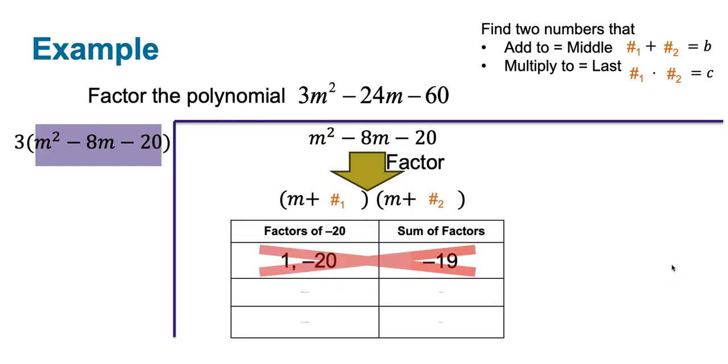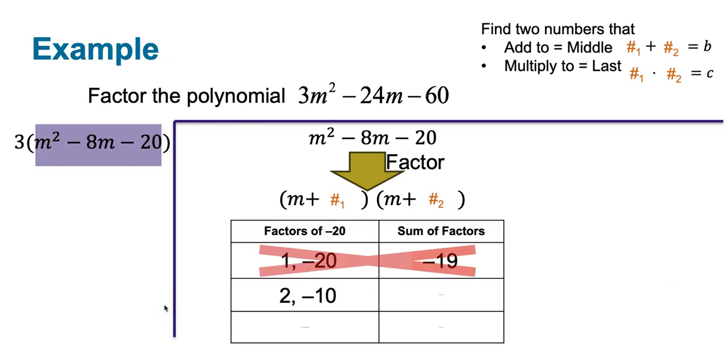Let's think of a next set of factors. We can do 2 and negative 10. Again, I made the larger number negative, the smaller positive. Adding those two together gives us negative 8, the number we need. Thus, 2 and negative 10 are the numbers that satisfy the two conditions.